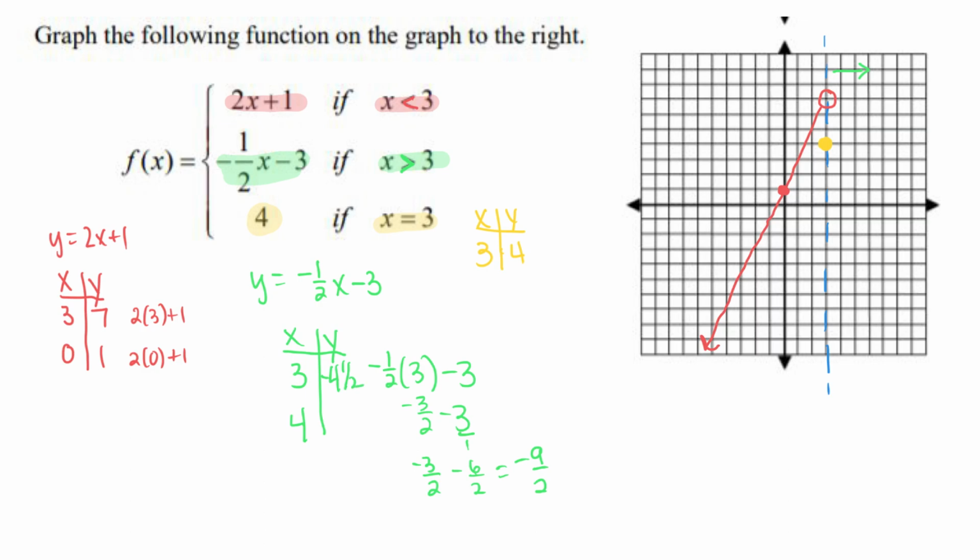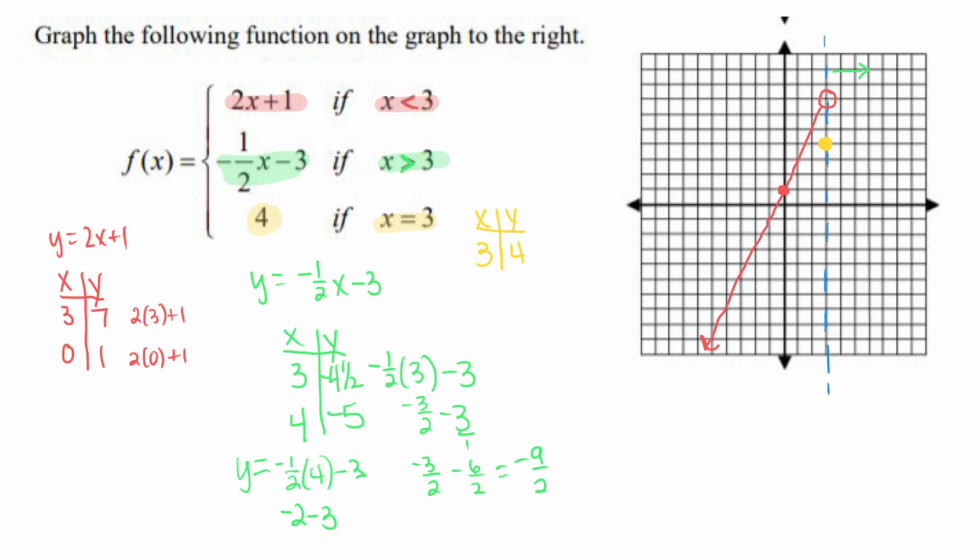Okay, then I'm going to plug in 4. So y equals -1/2 times 4 minus 3. Well, -1/2 times 4 is -2, and -2 minus 3 would be -5.